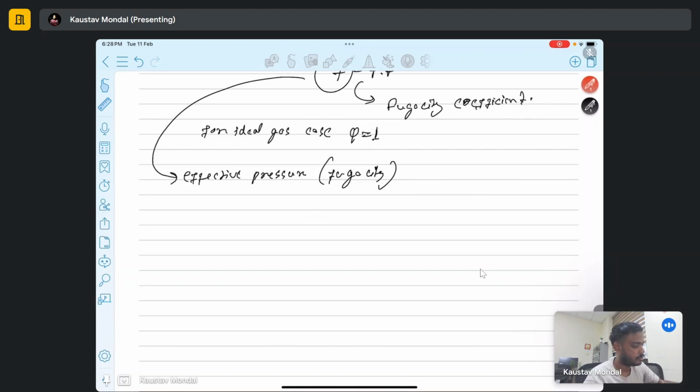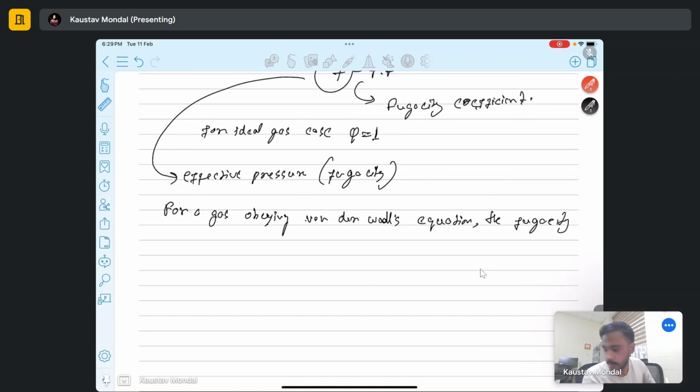Okay, so for a van der Waals gas equation, the fugacity coefficient can be estimated using the following relation.